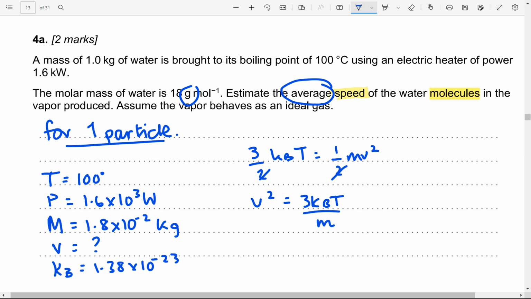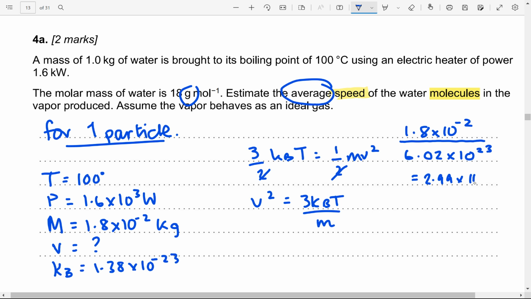Now we know that 1 mole of particles is 1.8 times 10 to the minus 2 kilograms. And we know that according to Avogadro's constant, there are this many particles in 1 mole. So if I divide the mass that we've got of that many particles, we can work out how much mass we actually have for 1 particle.